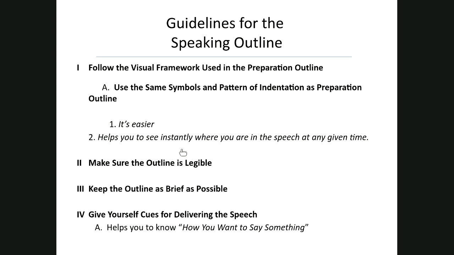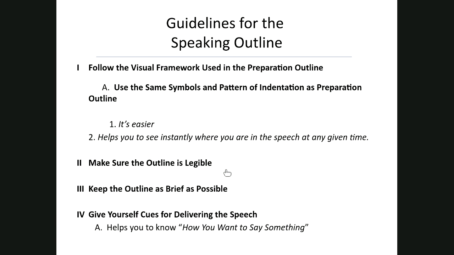Okay, it's easier and it also helps you to see instantly where you are in the speech at any given time. Number two, you're going to make sure that it's legible because if you can't read it, you're going to have a problem delivering it. You don't want that to be an obstacle to a successful, effective speech.